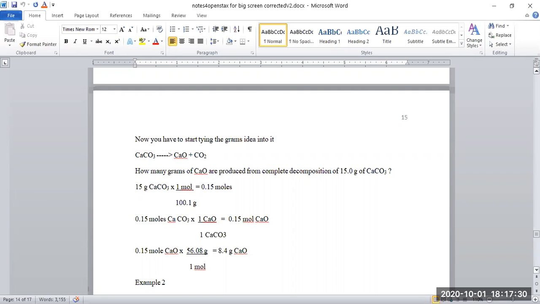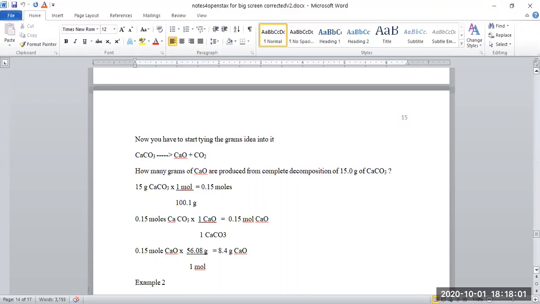Now I've got 0.15 moles of calcium oxide. Your third step, I need to turn it from moles into something more measurable, which in this case is grams. 1 calcium and 1 oxygen have a molar mass of 56. Multiply those 2 numbers together, and you get a yield of 8.4 grams for your calcium oxide.